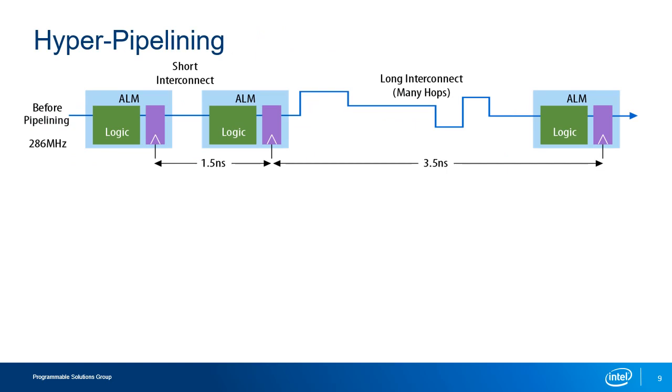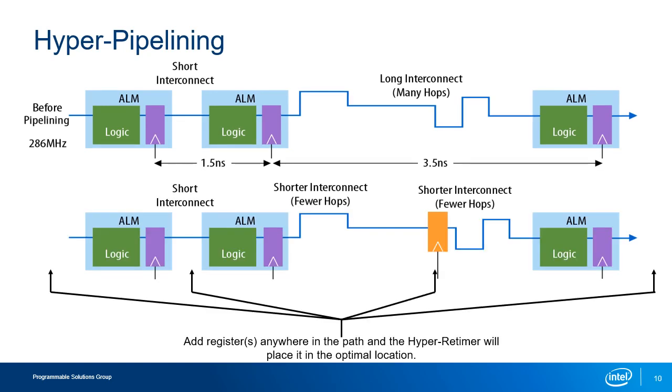Let's return to the 286 MHz design to implement hyper-pipelining. This time, we will add an additional pipeline register to the path. Where we place the new register in the RTL is not as important. This is because we're going to use hyper-retiming to move the register to its optimal location in the path.